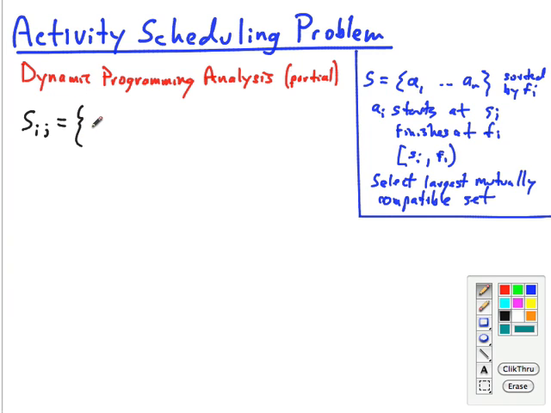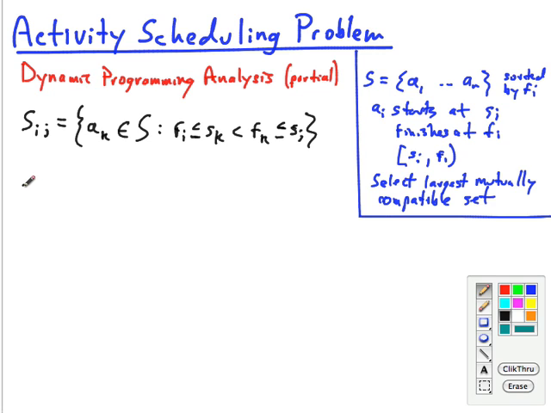So the set of all the activities left to consider within this interval is all A sub k in the total set of activities such that the start of k is after the finishing time of i, and the finishing time for k is before or equal to the start time of the other bounding activity on the upper end, S of j. So this is the set of activities to consider.